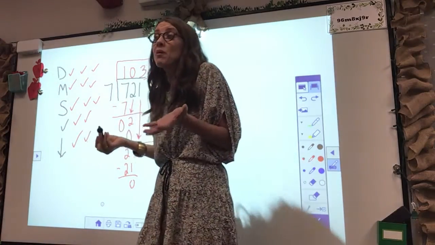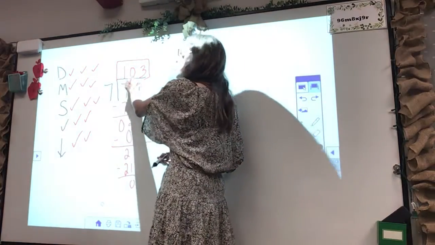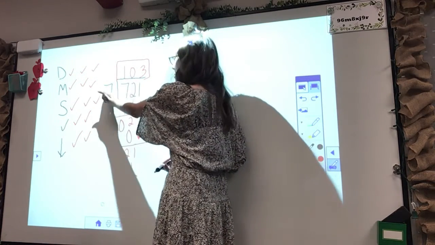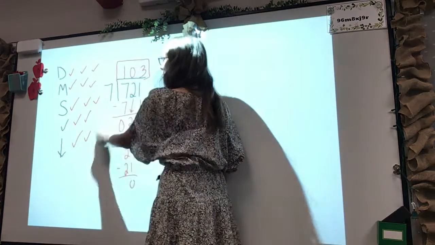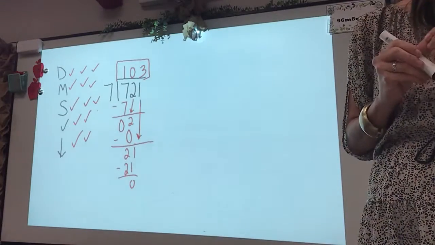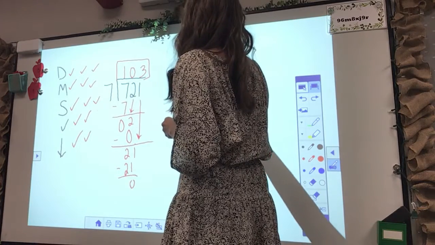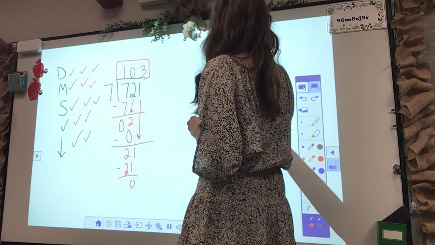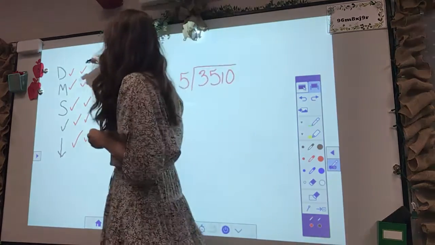It's the same. The only difference from the previous lesson is you need to know that when you can go in 0 times and there are 0s in the quotient, you still do all these steps with a 0. All right, let's try one more. Let's try this one, and then I think you guys will have the hang of it.